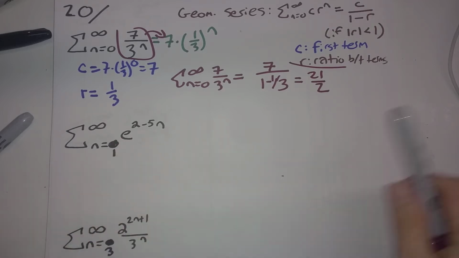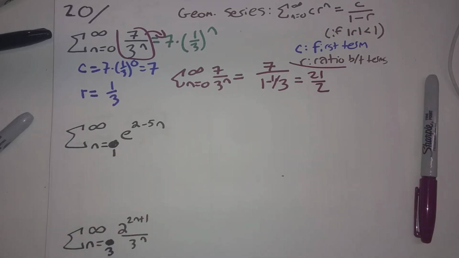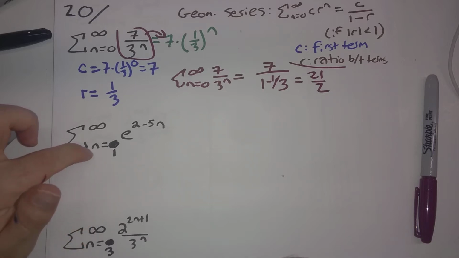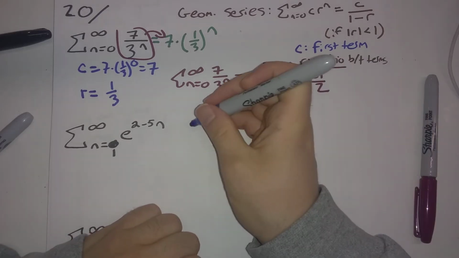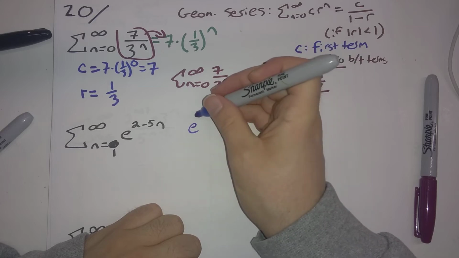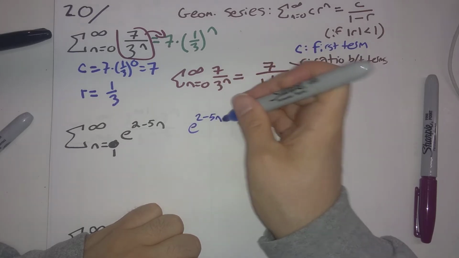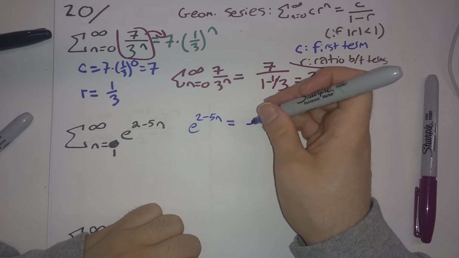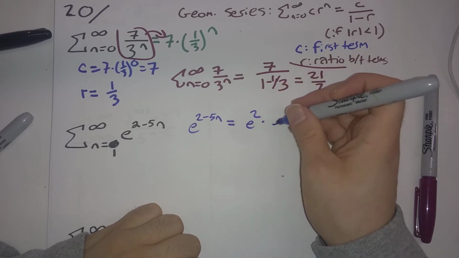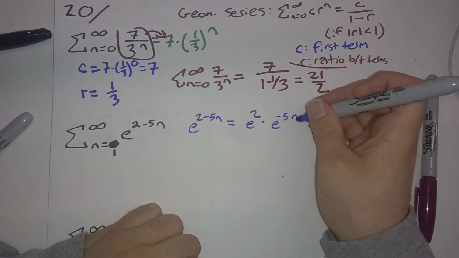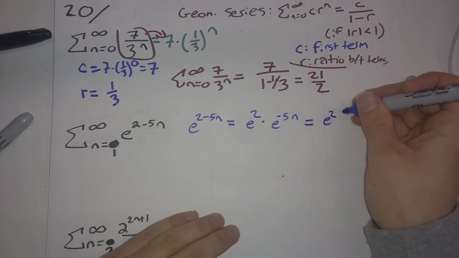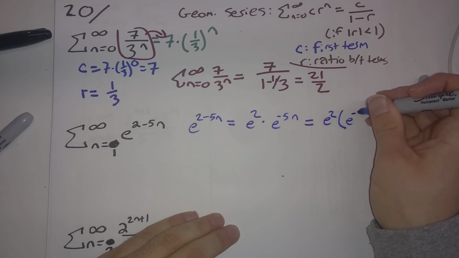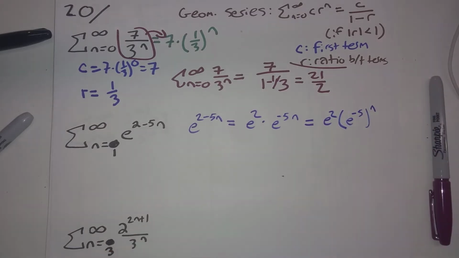Okay, problem number 2. The sum of n from 1 to infinity of e to the 2 minus 5n. This might look a little bit weirder. I'm going to rewrite e to the 2 minus 5n as e squared times e to the minus 5n, which I'm going to further rewrite as e squared times e to the minus 5 to the nth power.